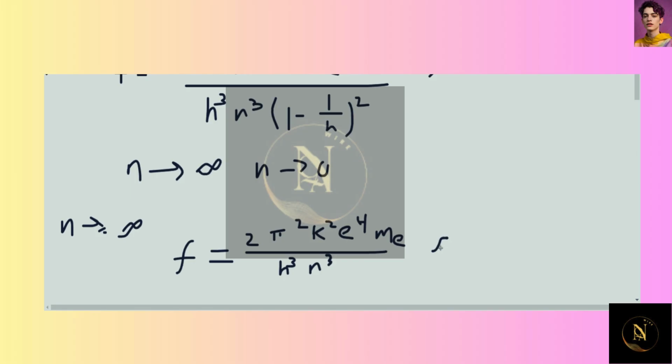So that means proportional to 1 over n cubed. Which is what we were after.